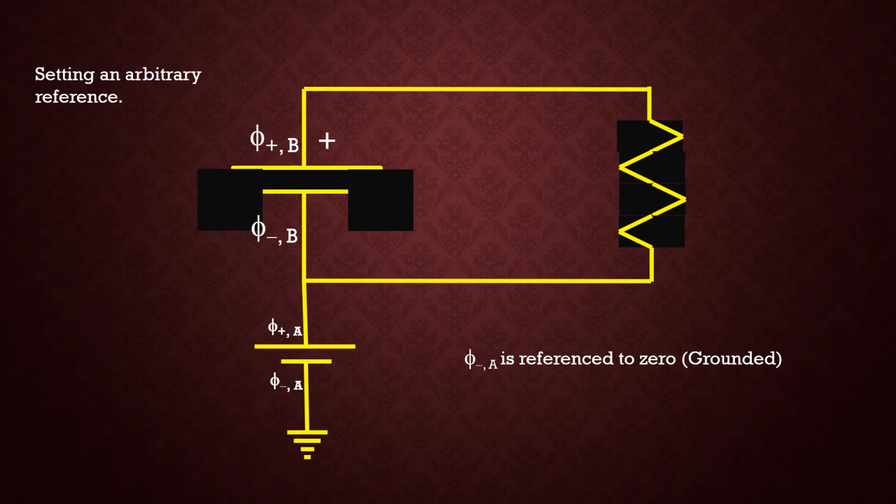That sets the voltage for the whole system now. If I look at the junction between power supply A and power supply B, the potentials phi minus B and phi plus A are set equal to one another. So in absolute terms, that voltage now corresponds, relative to 0, to the difference between phi plus A and phi minus A.